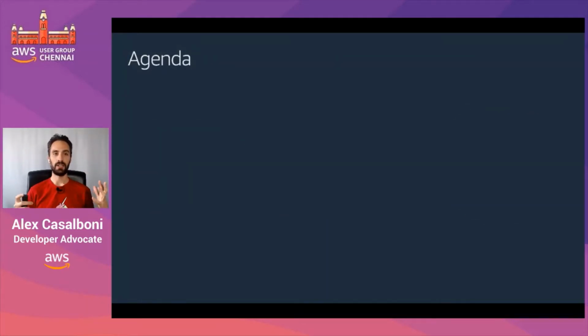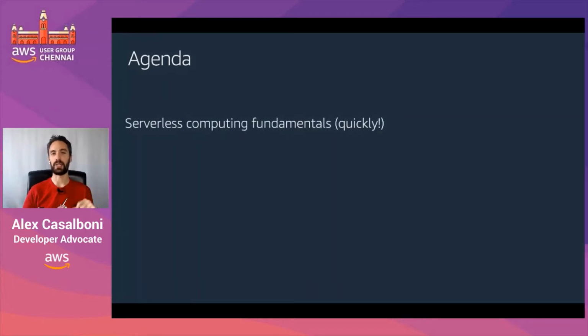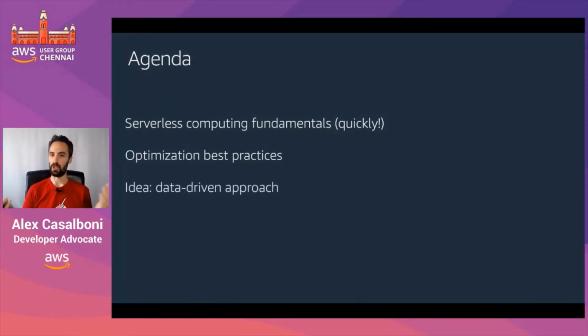So what I'd like to share today, I'll go through some fundamentals very quickly. I want to share some best practices, and here I say optimization. I'm not saying cost or performance, because very often with serverless applications, these two dimensions, cost and performance, can really align with each other. So you can solve both with one shot.